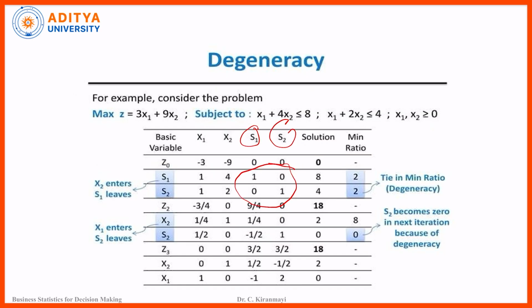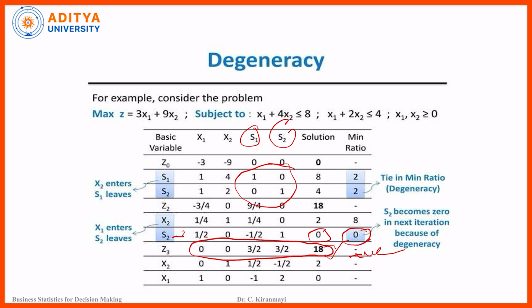See here, the solution is optimum, but the value of the basic variable S2 is 0. It is the optimum solution because all the Z values, all the net evaluations, are positive, which indicates that the optimum solution is reached.